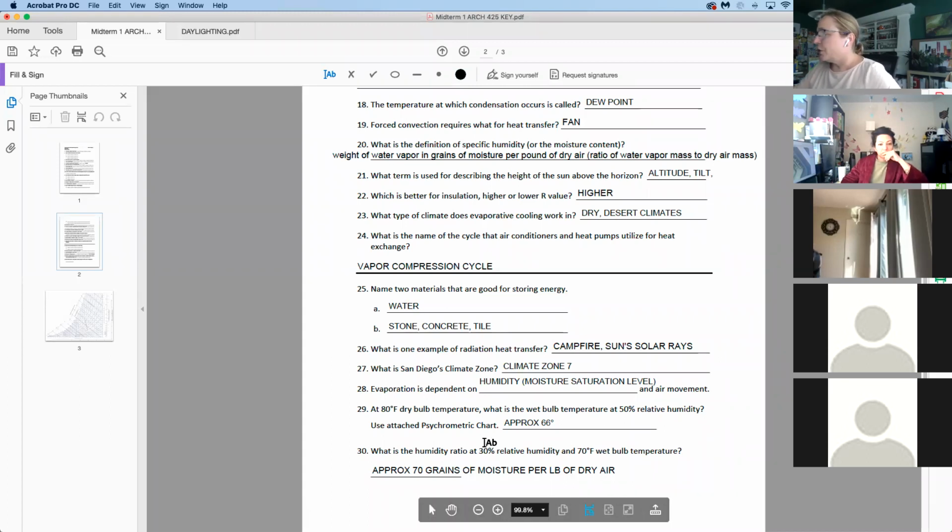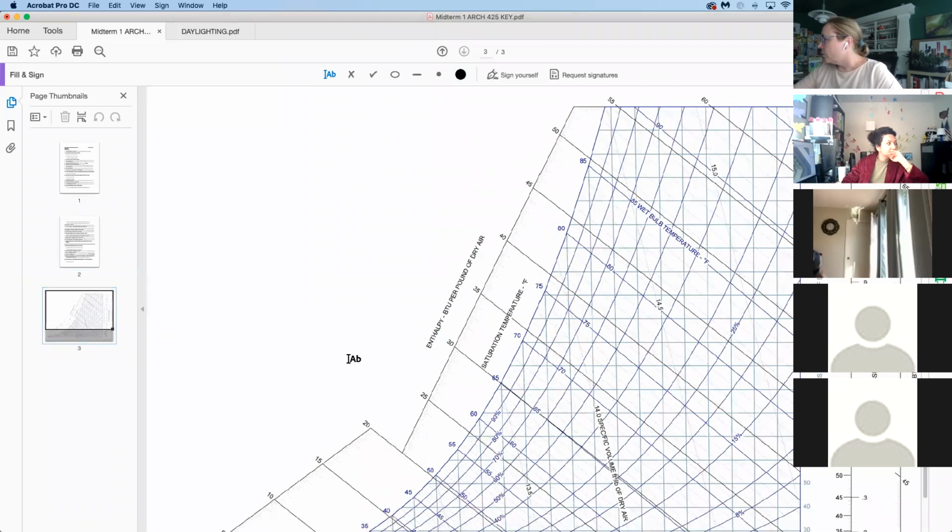And let's just quickly go over the psychrometric chart with the 2 questions regarding that. At 80 degrees dry bulb temperature, what is the wet bulb temperature at 50% relative humidity? Here's our chart.